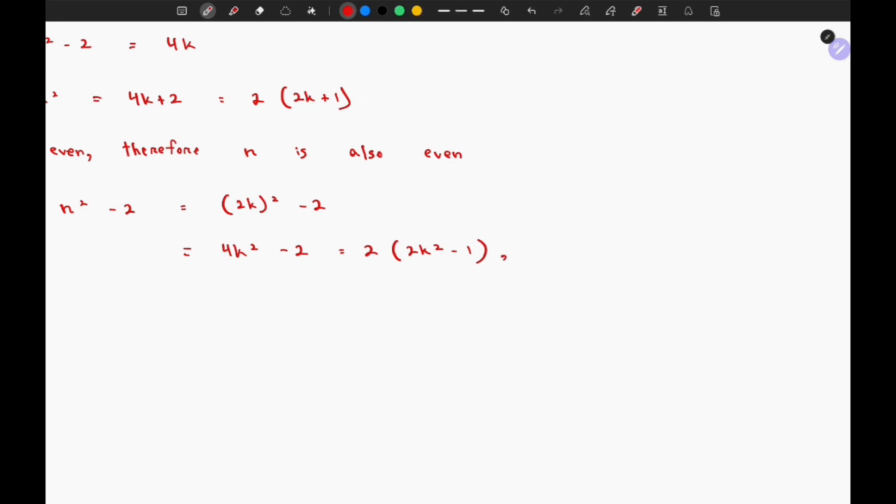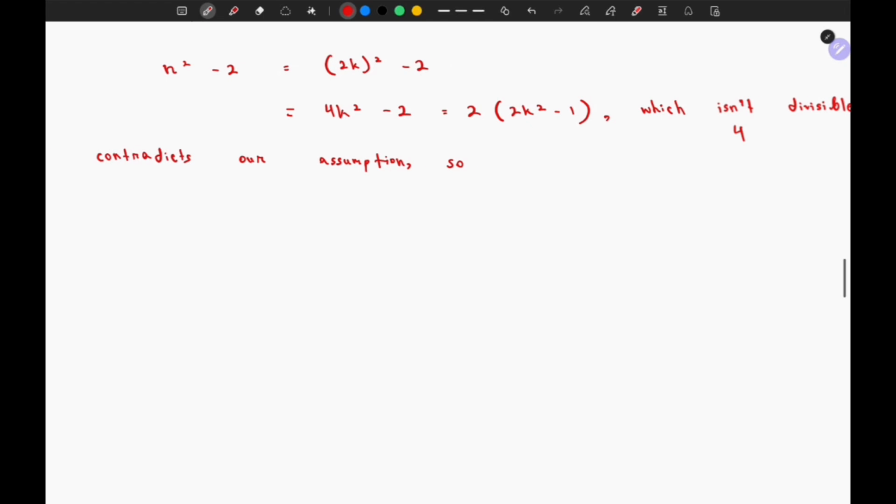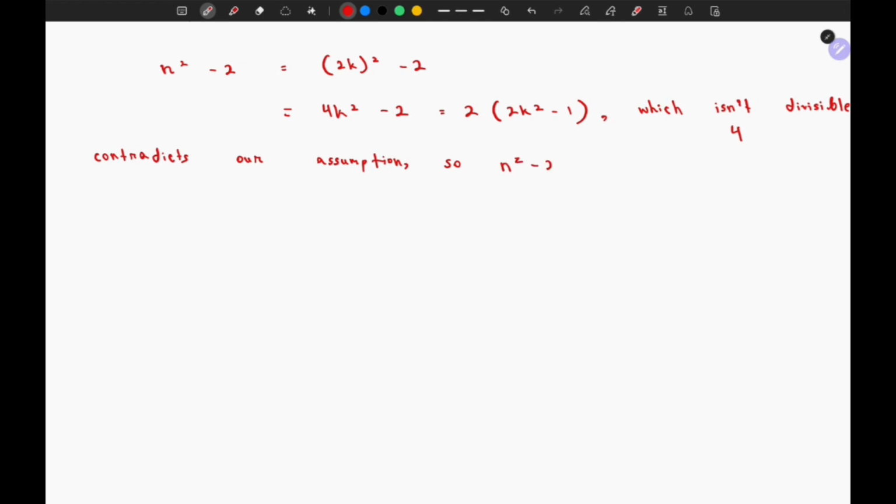You can add a side note that this isn't divisible by 4. Now you can say that this contradicts our assumption. So n squared minus 2 is never divisible by 4.